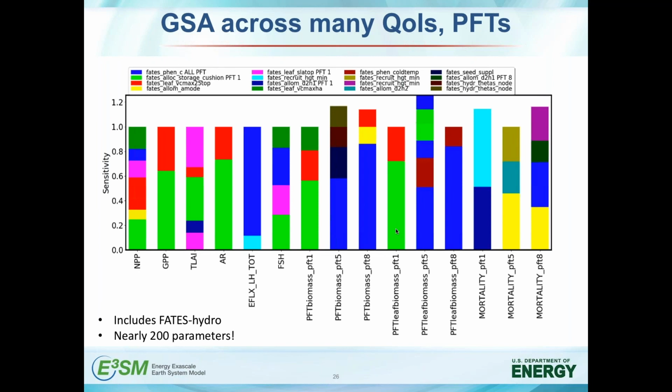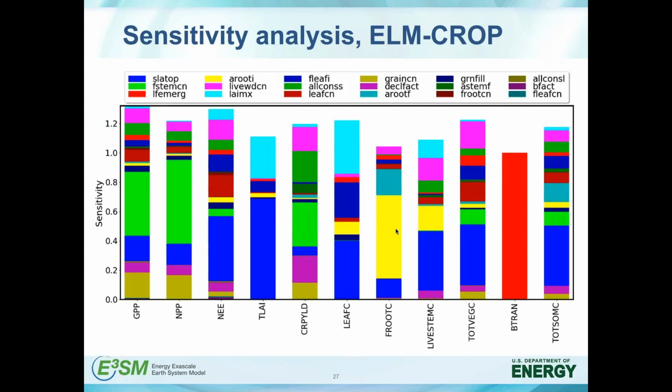So the hope is that we can take those 200 parameters and identify the most sensitive 15 or 20 of those parameters in order to do a calibration exercise and get the model performing better at that site.